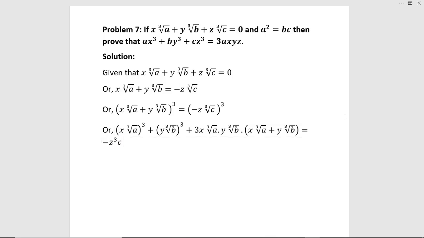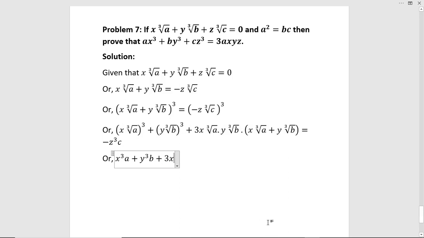So we will get x cube a plus y cube b by cubing these two terms. We have taken x cube root of a whole cube, that is x cube a. Similarly we get y cube root b whole cube equal to y cube b.